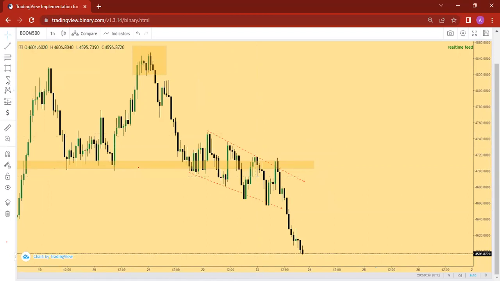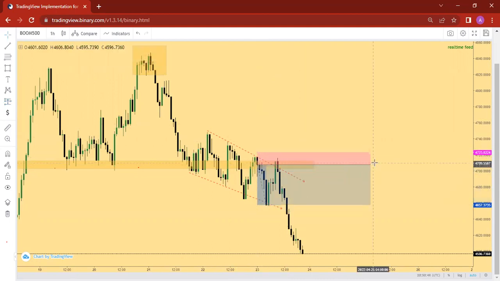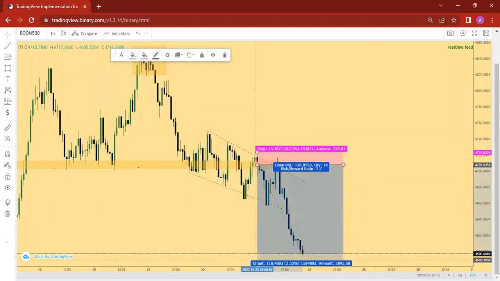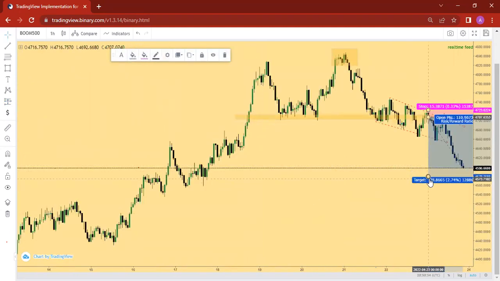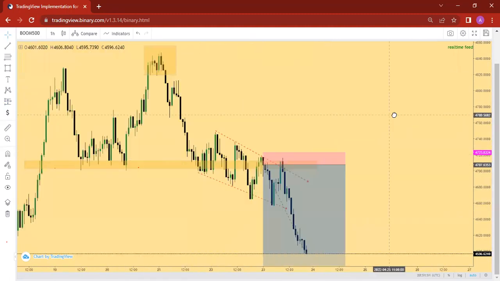So I took entries when price came to the resistance here, or immediately price retested right here. My stop loss was just above, and then my take profit was down. I marked them before. I think this was the first, this low over here. So you can actually see what happened here now, guys.